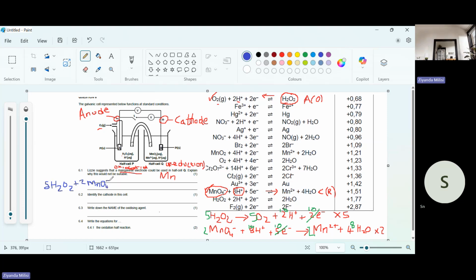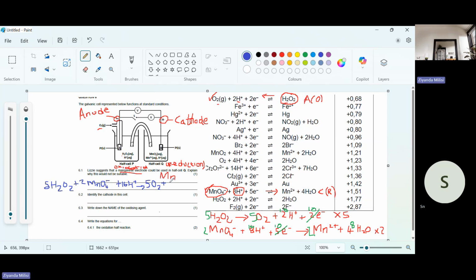Plus what? 16H plus, yes. What are we getting? 5O2, yes, plus 10H plus. Where is 10H plus? Next to the 5O2.